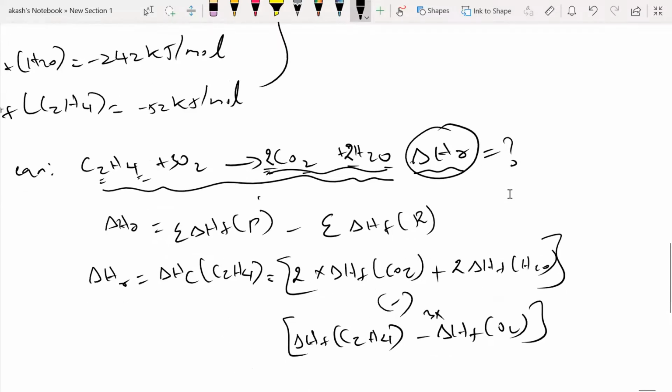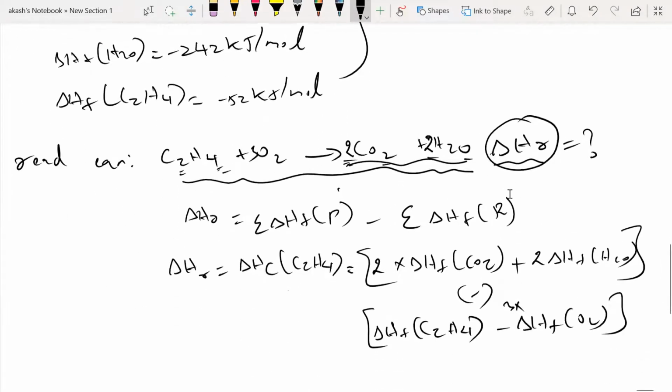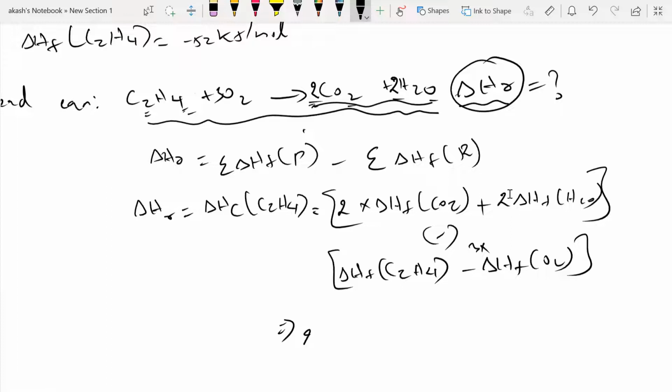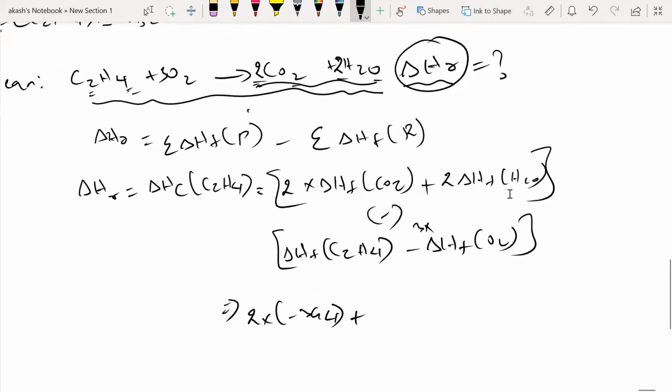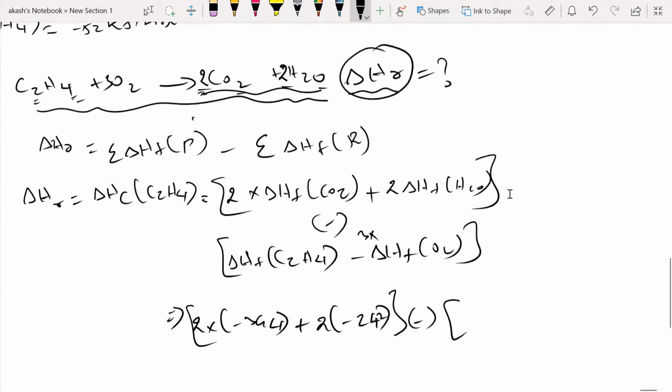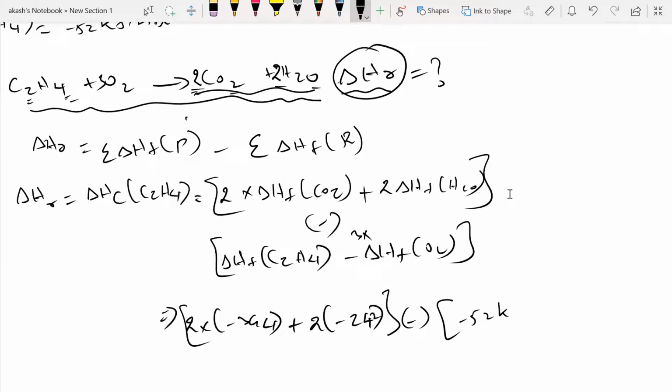So enthalpy of formation of CO2 is minus 394, so we write 2 into minus 394, plus enthalpy of formation of H2O is minus 242, so it is going to be 2 into minus 242. Right? Okay, this is one term. Whole thing minus the enthalpy of formation of C2H4, that is minus 52 kilojoules, so 1 into minus 52. Right? Okay, and then plus 3 times the enthalpy of formation of O2.